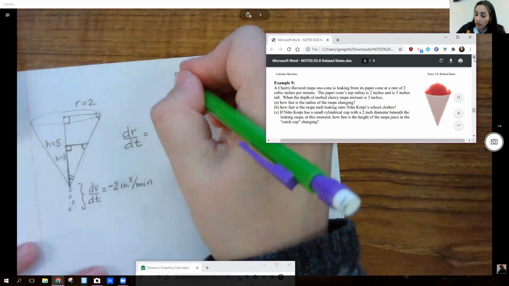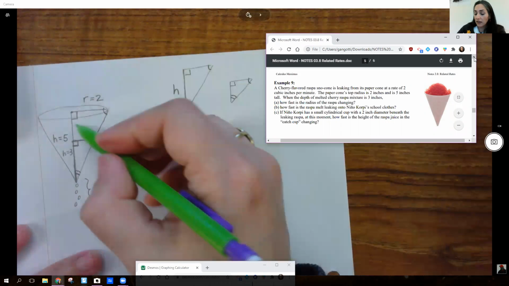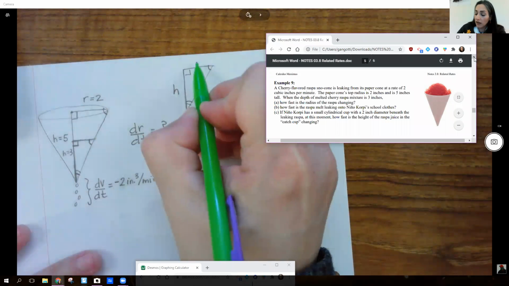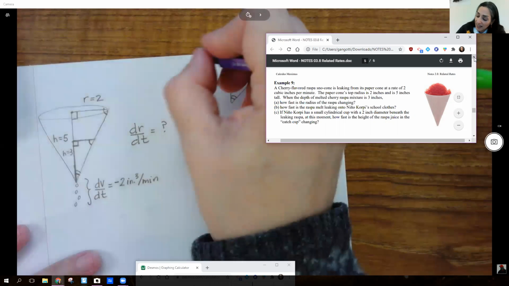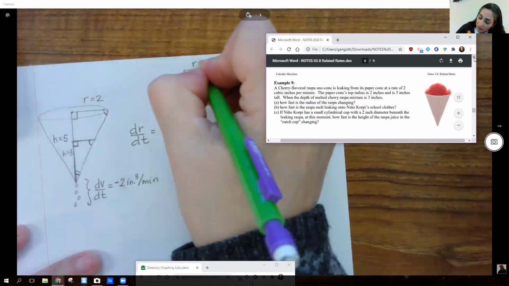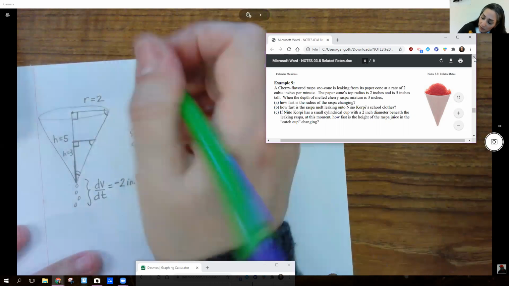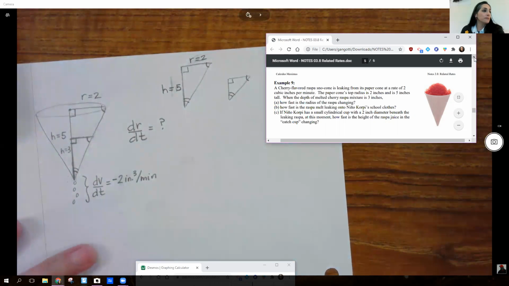I know for sure the big right triangle is locked in at 5 because that's the height of the cone. That's not going anywhere. And I know the big right triangle has a radius, or a side, of 2. Radius equals 2, and a height of 5. There we go.